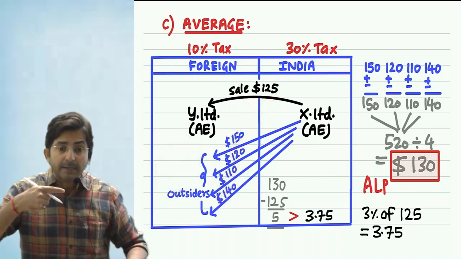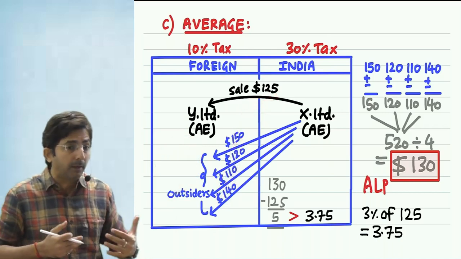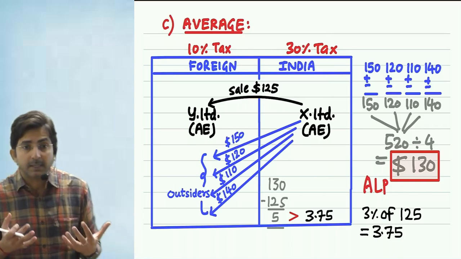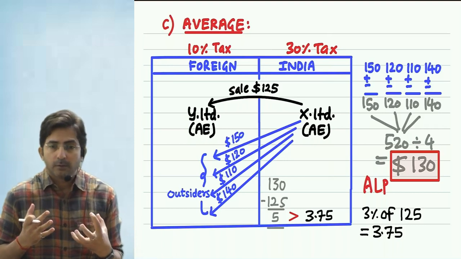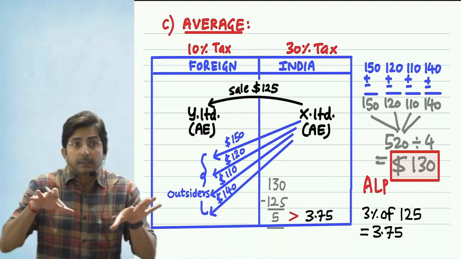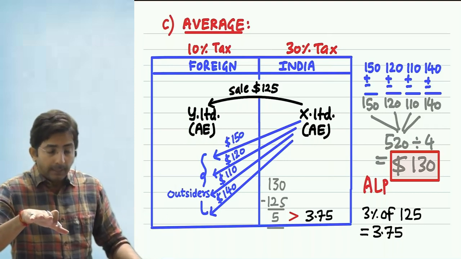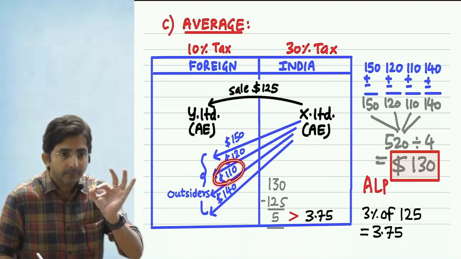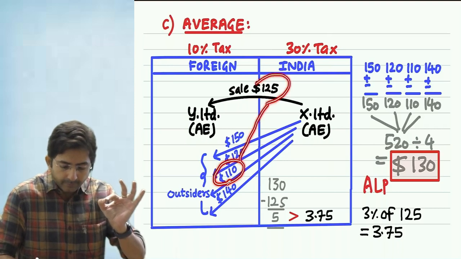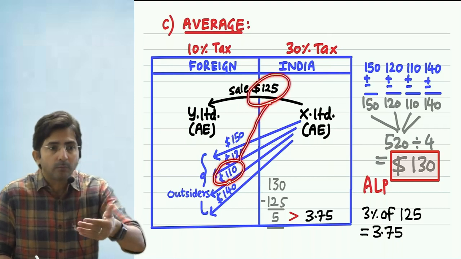That tolerance band comes when there are multiple prices, because in such case assessee gets a benefit of doubt. What do you mean by benefit of doubt? There is a doubt that maybe assessee is true. And if you notice one thing, look at 110. Looking at 110, it seems assessee may be true.